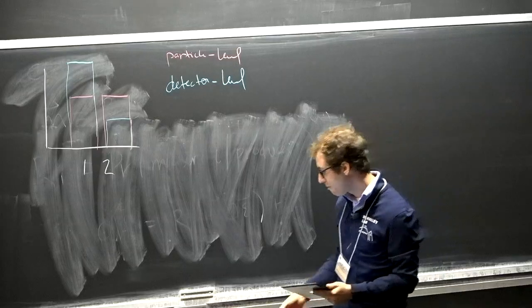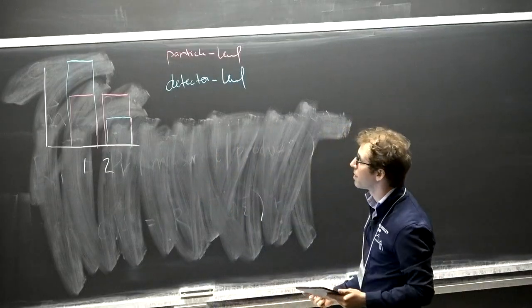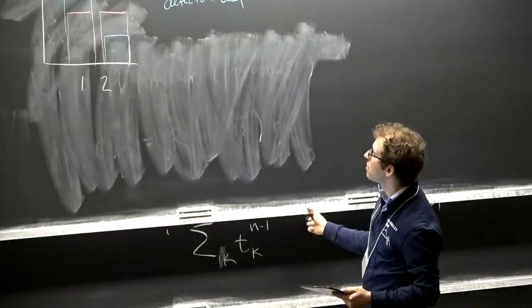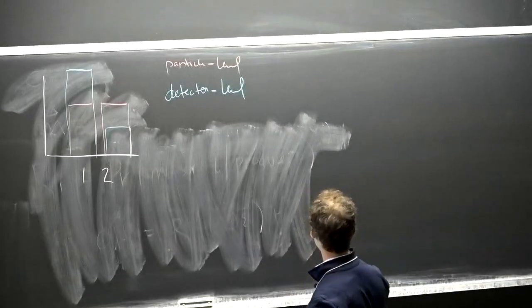Okay, so now how do I proceed? Maybe I'll write it right here. Okay, so iteration 1. We'll do it right here.